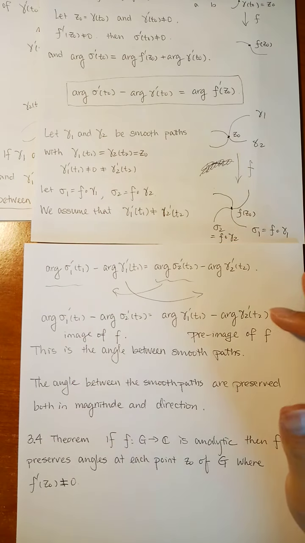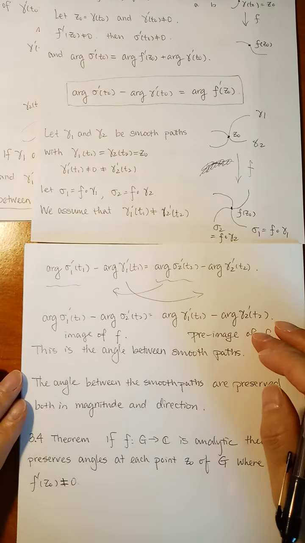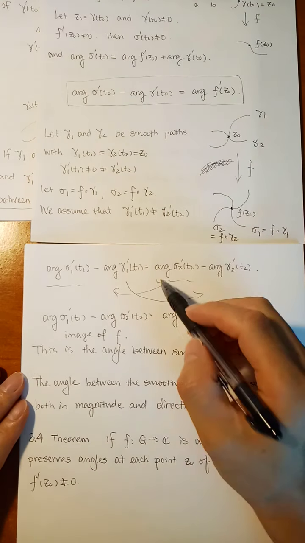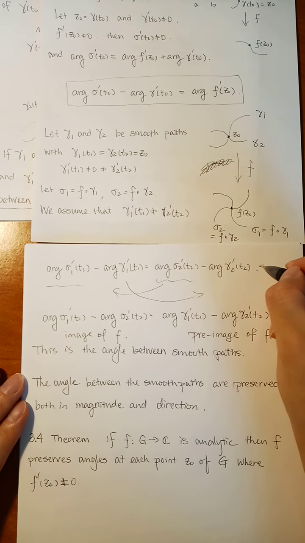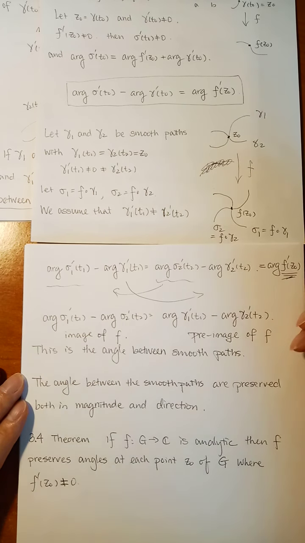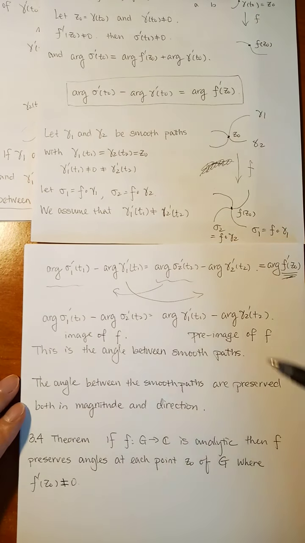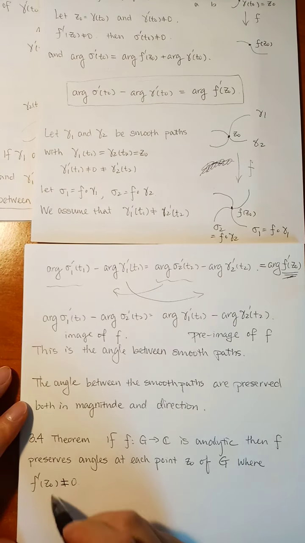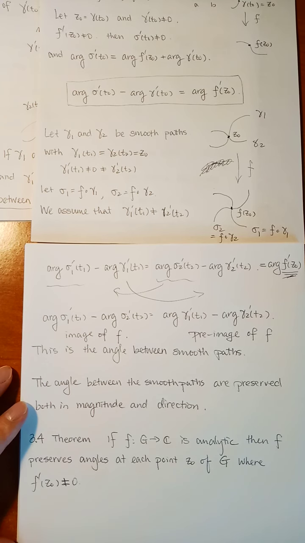Why do we need this? We don't see it in the argument. Actually, we use it. We have this equality: they are equal to the argument of f prime of z0. If this is 0, there's no argument, so you cannot set up the equality. So that's why you must have this condition.